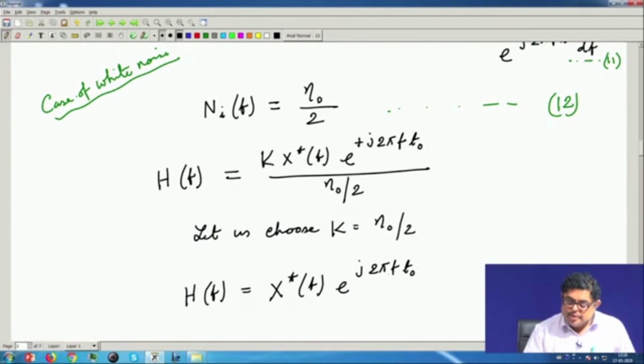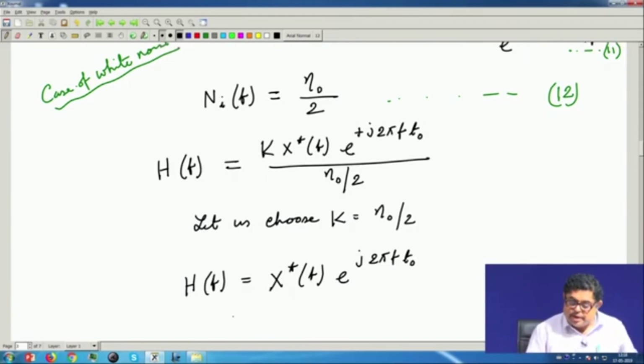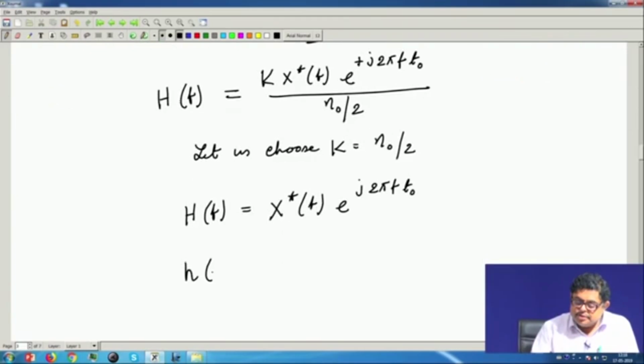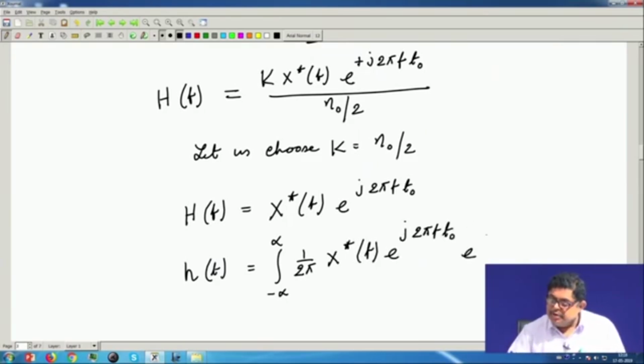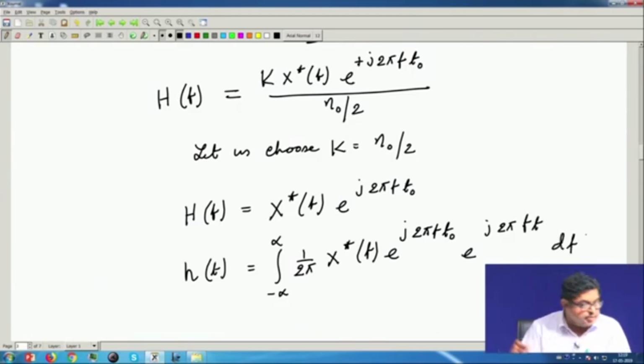So, what is the impulse response for this? h(t) will be the integral from minus infinity to infinity of 1 by 2 pi, then H(f), that means X star(f) e to the power j 2 pi f t0, then e to the power j 2 pi f t df.